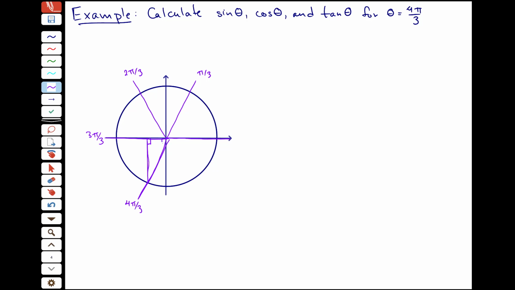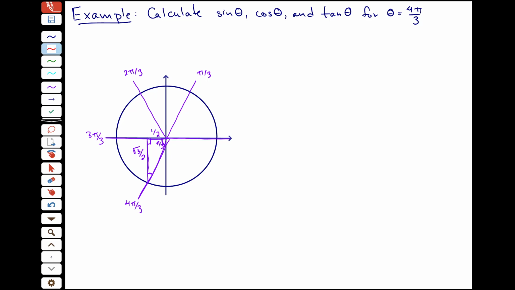And now I know that this angle right here has a measure of pi over 3. If I just look at my triangle, that angle there is going to be pi over 3, which is 60 degrees. And so the side opposite that has length root 3 over 2. Now, this other angle over here is pi over 6, and so the side opposite that has length 1/2.